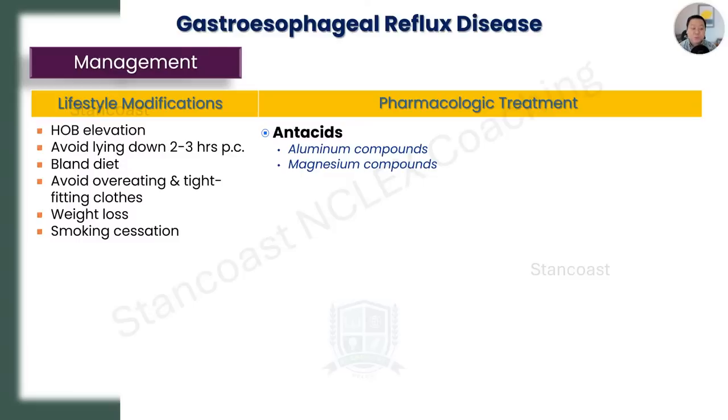Now, to ensure that the antacid works effectively, tablets should be chewed thoroughly before being swallowed, and this will help the medication start acting sooner. And following with water or milk can also help to spread the medication throughout the stomach and can also soothe the stomach lining.